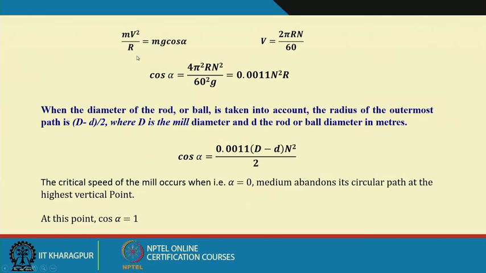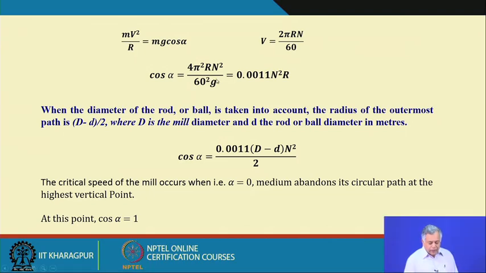So, r square by r becomes r. So, we get cos alpha is equal to 4 pi square r n square divided by 60 square into g. g is the gravitational acceleration term. So, if I put the value of g, we get a relationship of 0.0011 n square r. Now, what is this r?